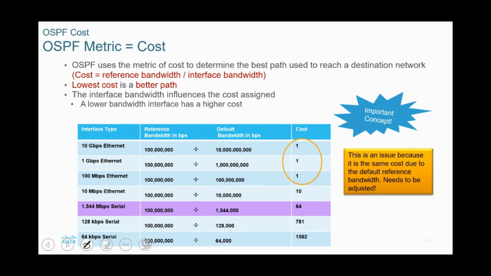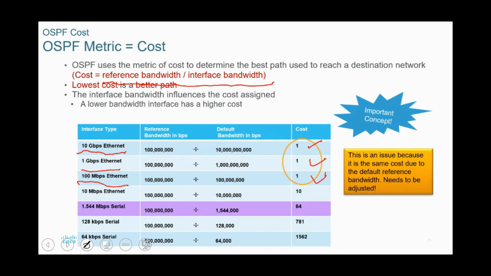But the problem now is that there is an issue if you follow the default formula, where the cost equals the reference bandwidth divided by your interface bandwidth. You will get the same result. Your cost will be 1 even though you are using 10 gigabit Ethernet. When you apply the same formula to 1 Gbps Ethernet, the cost is still 1, and for 100 Mbps Ethernet, the cost is still 1.